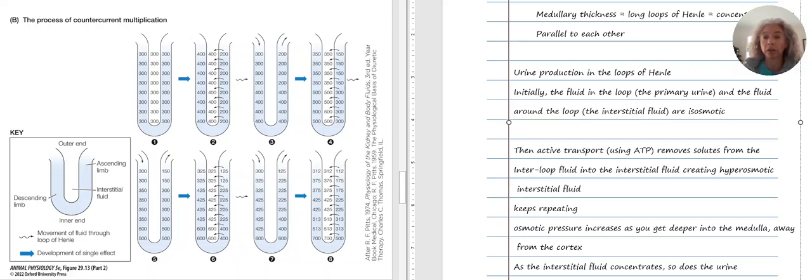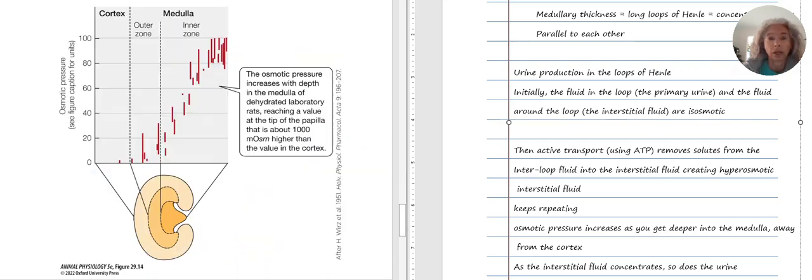And the tubular ducts can regulate the aquaporins, so water can leave the duct or remain in the duct as needed. And again, this is just showing you the osmotic pressure. As you move from the outer area of the medulla to the inner area of the medulla, that osmotic pressure is going to increase.